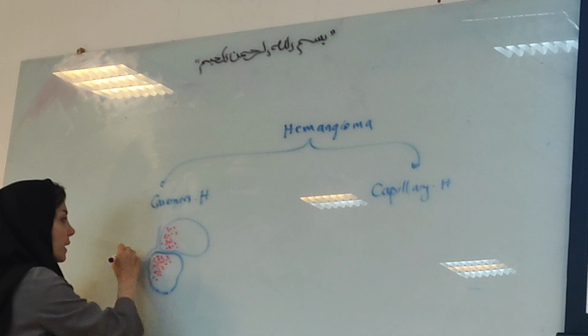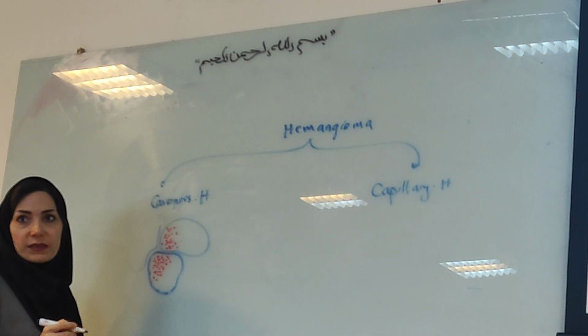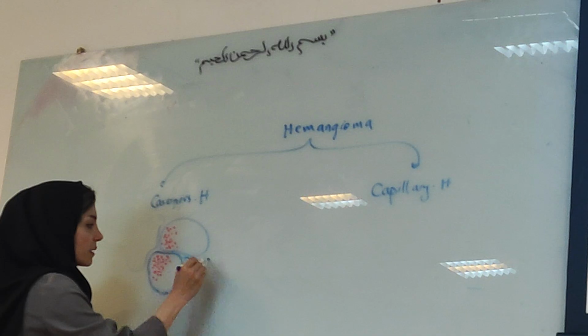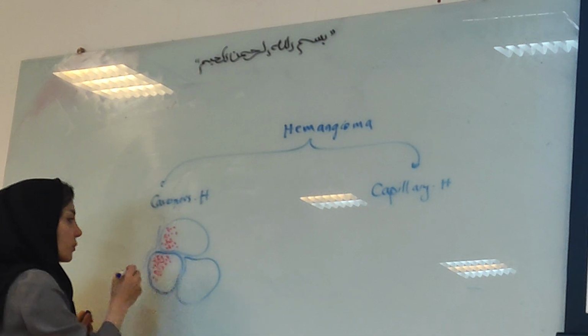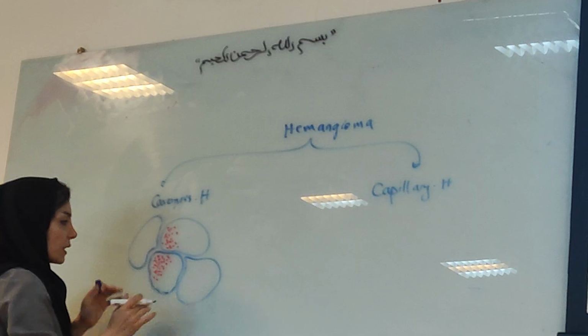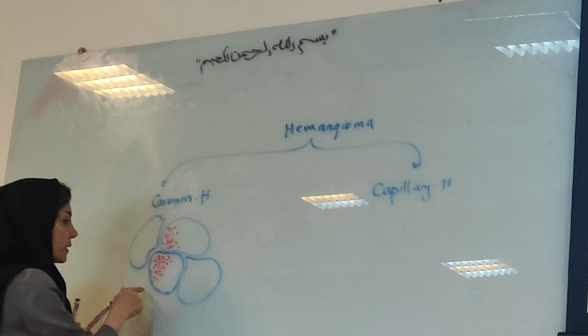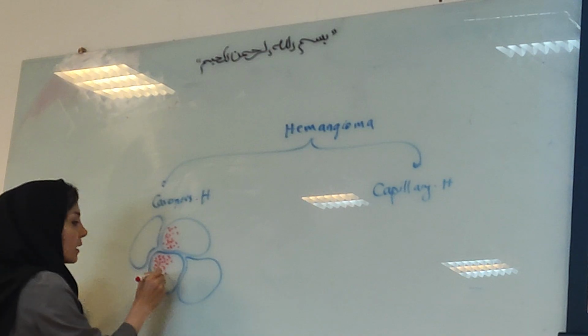And the intervening stroma between them is really scant, because these large blood vessels are really proliferated, and they are really packed. That's why the stroma is really scant.